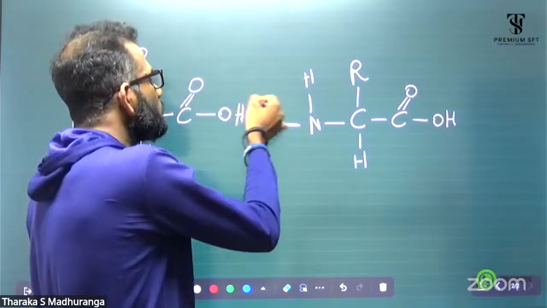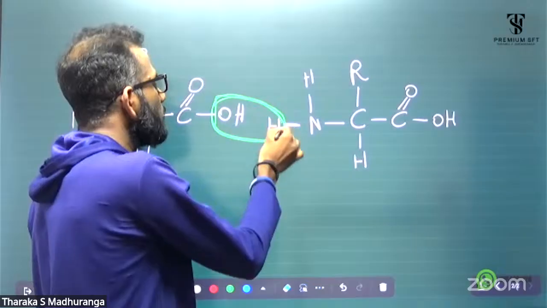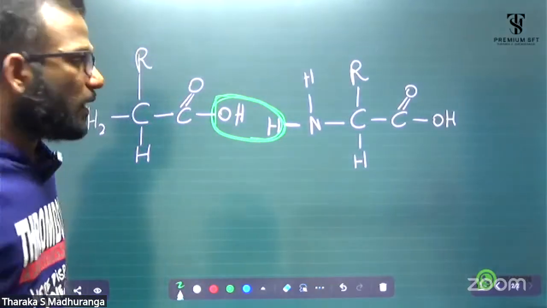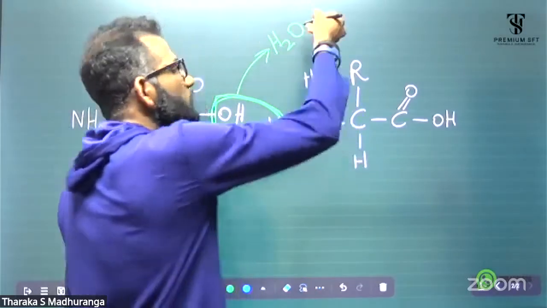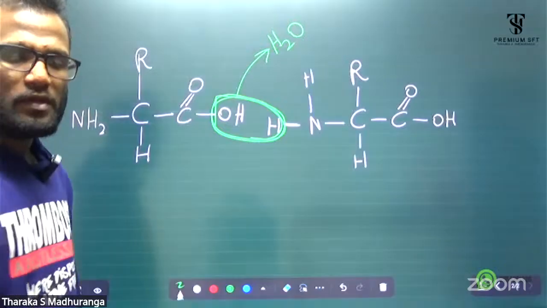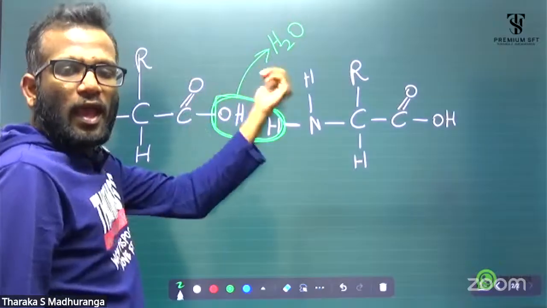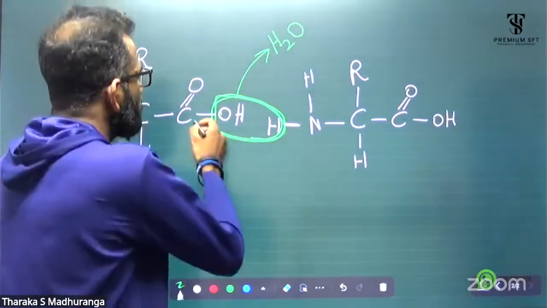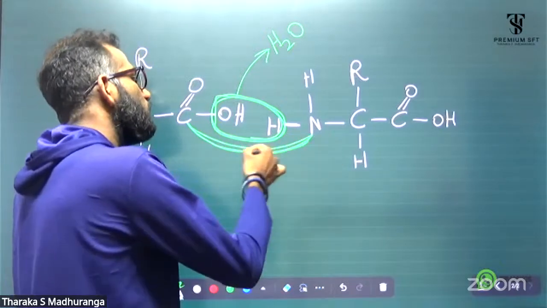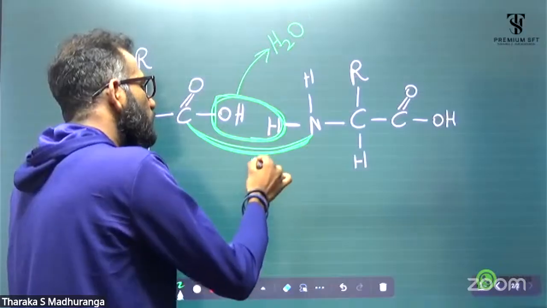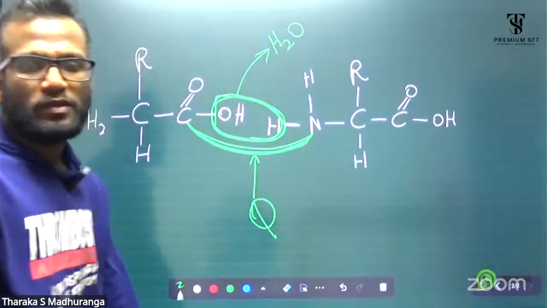This OH group and hydrogen combine and release one water molecule, one H2O molecule. Then a bond is formed between this carboxylic group carbon and the amine group nitrogen, which we call a peptide bond. According to this diagram, it is Q.